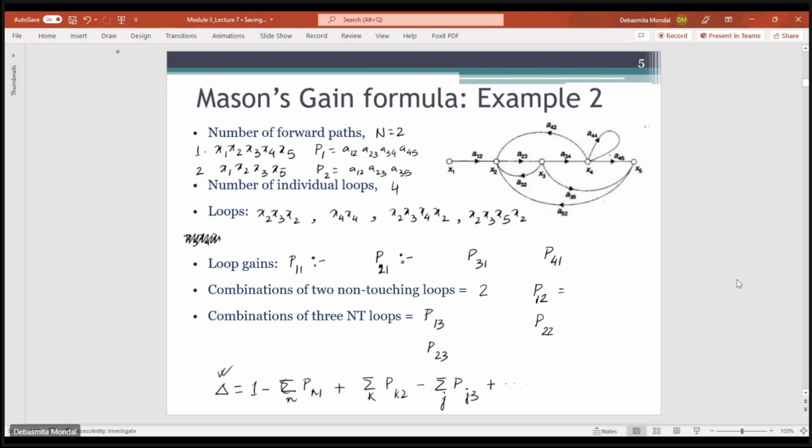Once you have found this value of delta, we need to find the value of delta K.